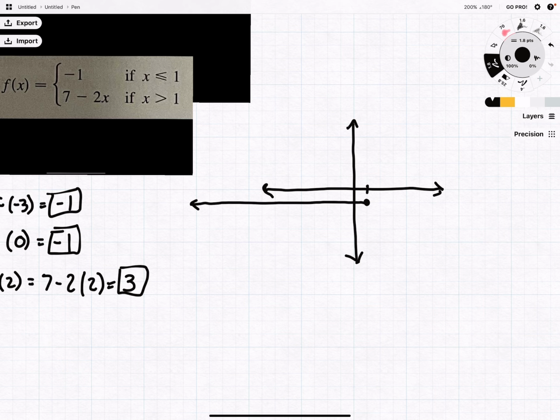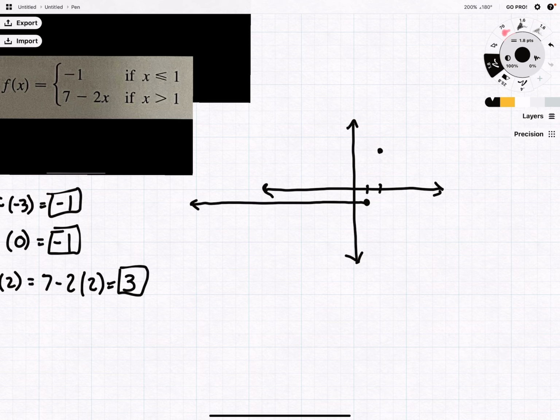That's really important. Then, for the second part of our piecewise function, we have 7 minus 2x if x is greater than 1. I remember when we plugged in 2, we got 3. So we have x value 2, we go up 3, and what happens as we get closer to 1 with this function?